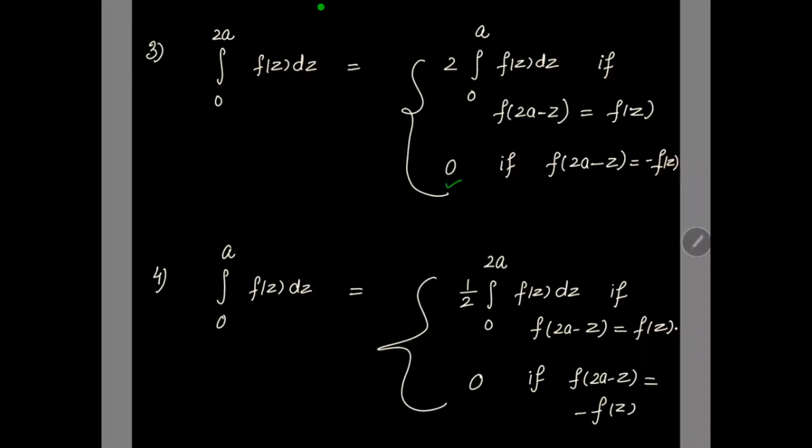Fourth, the integration from 0 to a of f(z) dz is equal to 1 by 2 of the integration from 0 to 2a of f(z) dz. Again the same condition: f(2a minus z) should be equal to f(z). Otherwise, if it is negative of f(z), then this integration is 0.